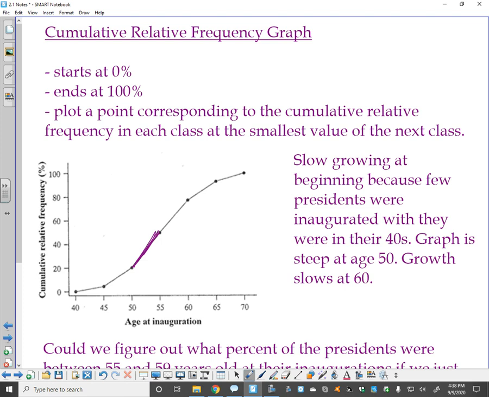And then that kind of flattens off a little bit. The growth from 40 to 45 is really low, and the growth from 65 to 70 is really slow. Again, I'm not putting a lot of presidents in that bucket. There aren't that many 40 to 45-year-old presidents, and there aren't that many 65 to 70-year-old presidents.